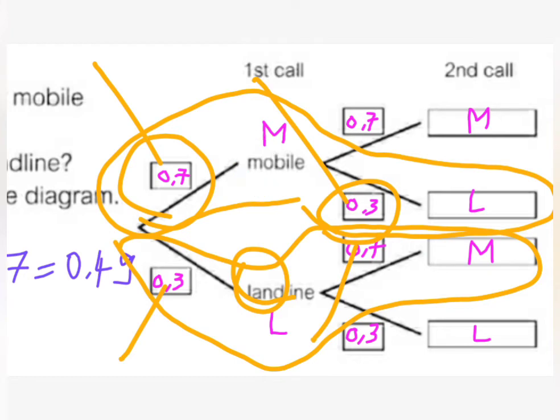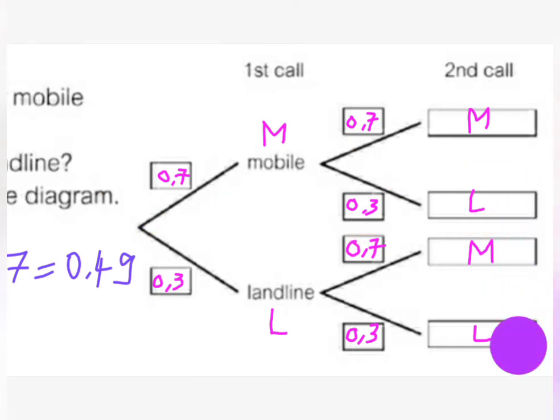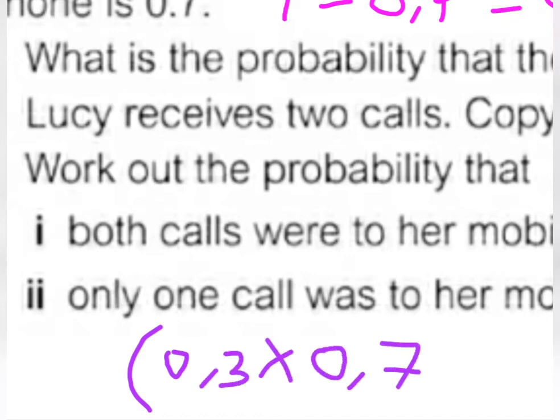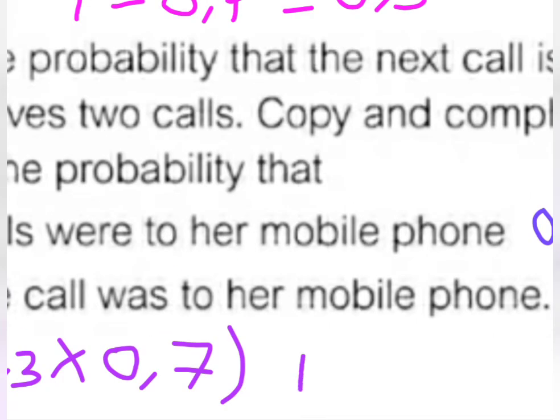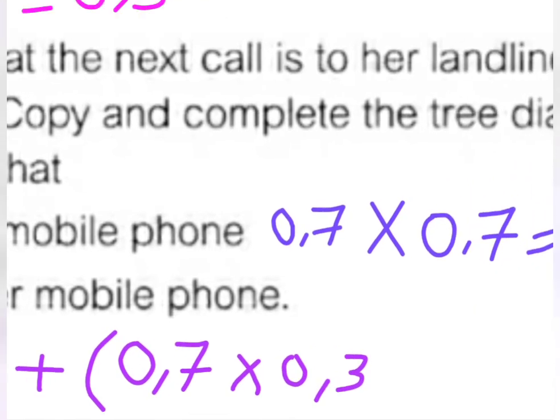Okay, let's do it together. Let's remove these. So he says one of them should be to her mobile phone, so the other one will be a landline. So we multiply 0.7. Let's do it here. First, we open a bracket. 0.3 multiplied by 0.7, and then plus 0.7 multiplied by 0.3, and then close the bracket.